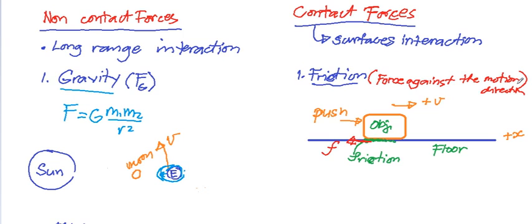So, say, if you're going to move the object to the left, then the friction is going to the right. It is always opposite.